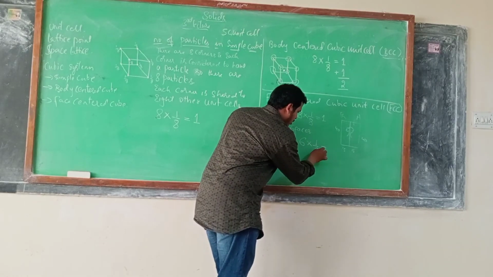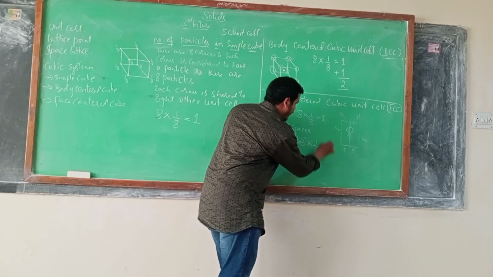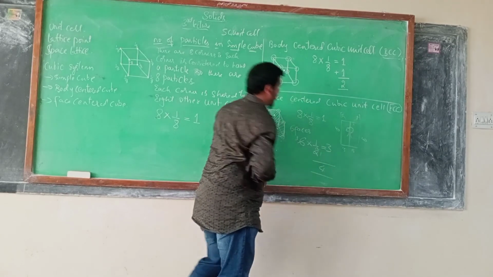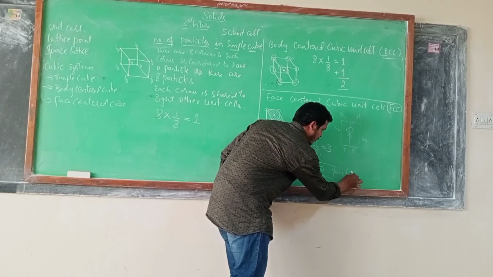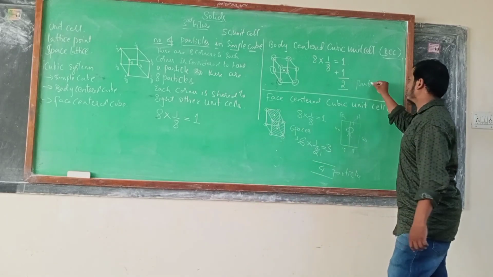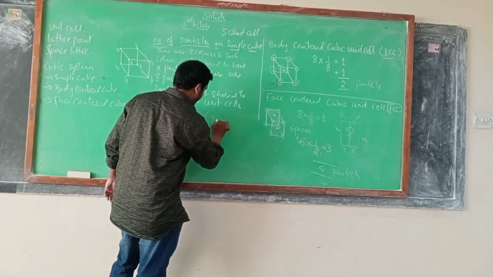How much will it be? 2 ones are 2, 3 twos are 6, so totally 3. So 1 plus 3 gives me 4 particles. Remember, here I am getting 4 particles, there 2 particles, and here 1 particle.